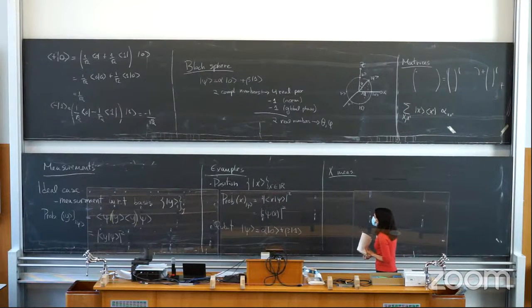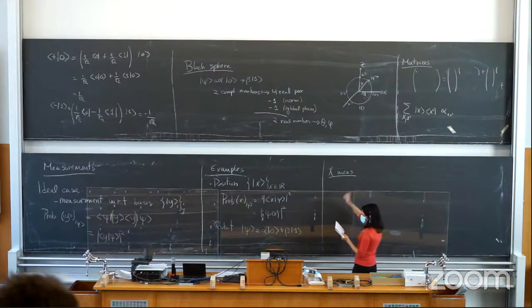Physically, it can mean things like, suppose our qubit is a photon and it's polarized light. If you go to the cinema and you get these 3D glasses, what they do is that they just let in light that's polarized in a certain direction. So you can ask, what's the probability that this photon will pass through, for example, if I rotate my glasses to be aligned with this basis. We'll see this in an example later on in the course.